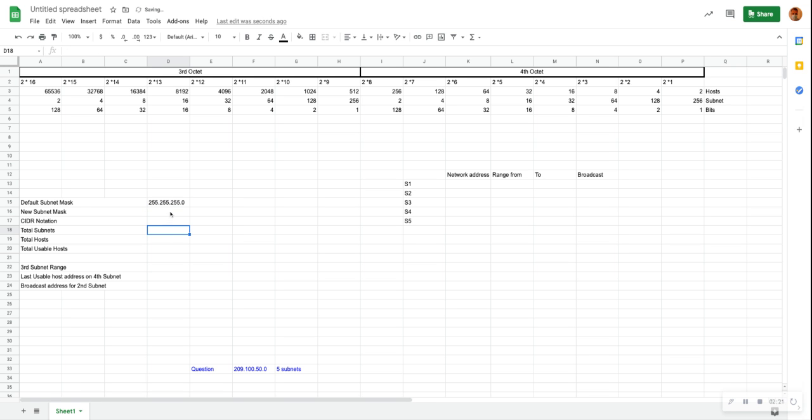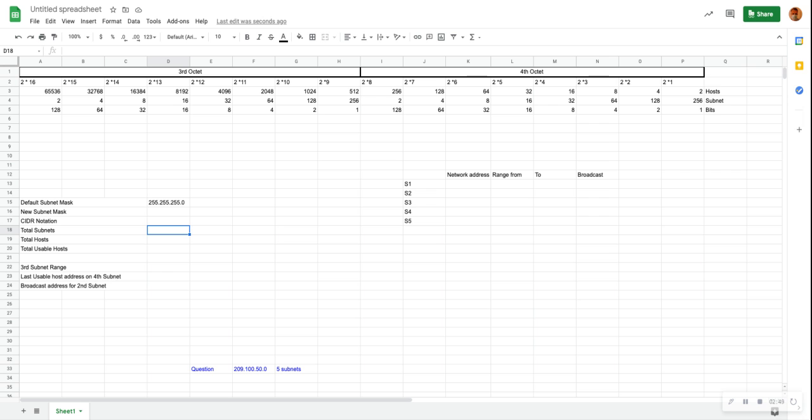What that essentially is telling us is that all the binary digits that are full, in this case we'd have 24 bits to equal 255.255.255, are network addresses, and the zeros are hosts. So if we saw this in binary form, we'd have 24 ones and 8 zeros.